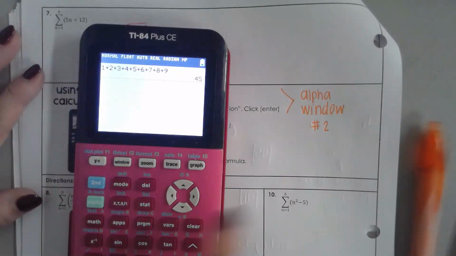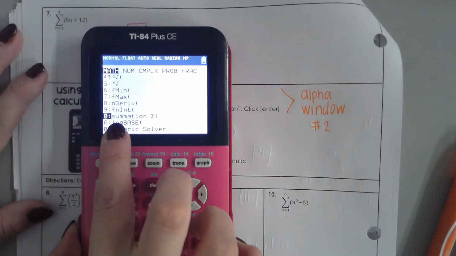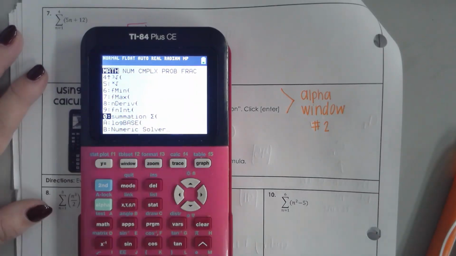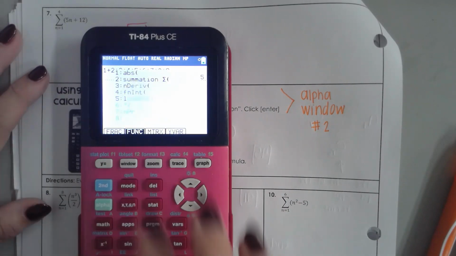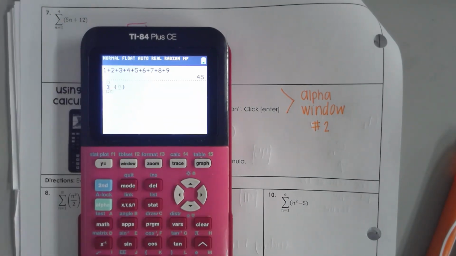So if I do math and scroll to 0, it says summation and it has the sigma. Or if you hit alpha window number 2. Either one, it's going to put up sigma with a bunch of blanks, little boxes, and we're going to fill those in.